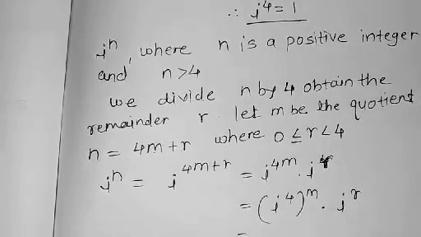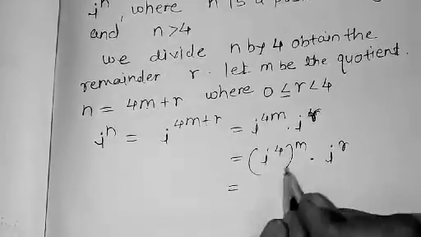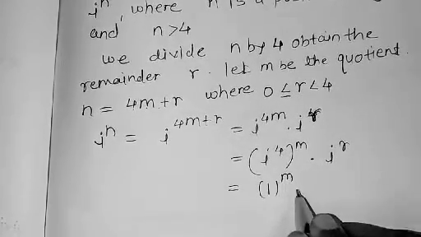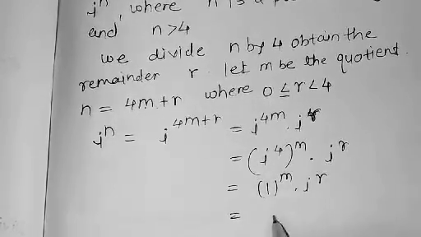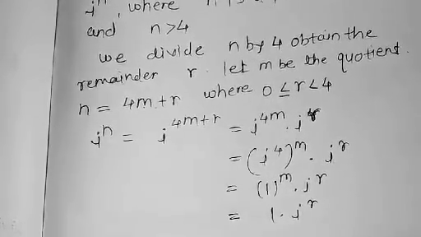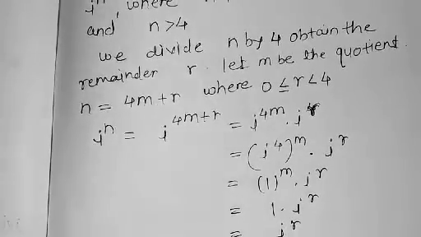And from the earlier result, iota raised to 4 is 1. So 1 raised to m into iota raised to r is equal to 1 into iota raised to r, which is iota raised to r.